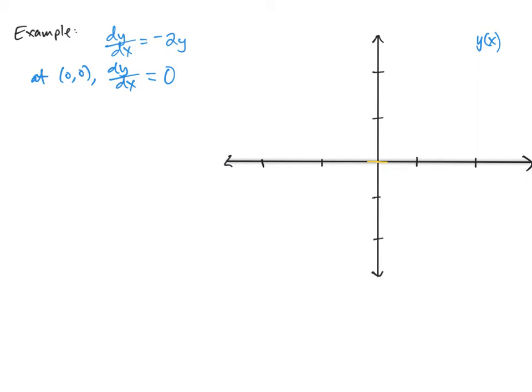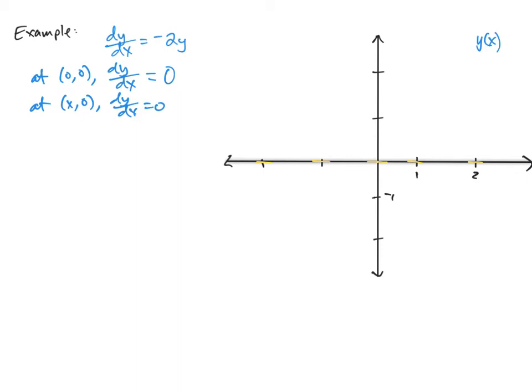And in fact, x didn't have anything to do with it. So at x comma 0, for any x, we have dy/dx equals 0. So I can put more of these little horizontal lines all across the x-axis, at any point. I forgot to put in here my values, 1, 2, -1, etc.